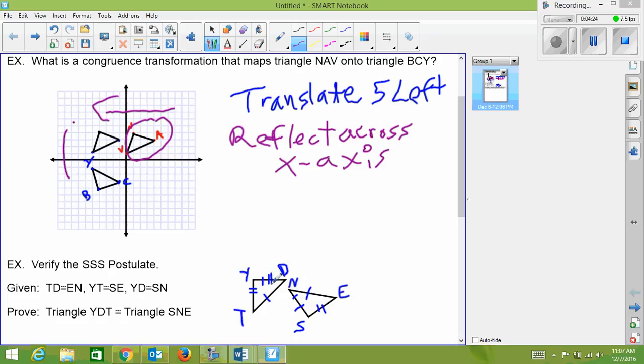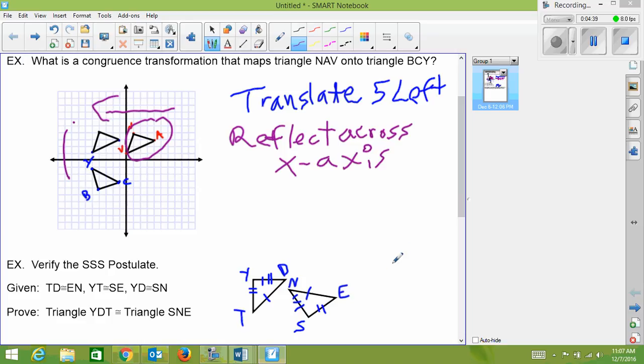I could put another mark there so I know that's 3 marks. That's the given information. They want me to prove that triangle YDT is congruent to triangle SNE.